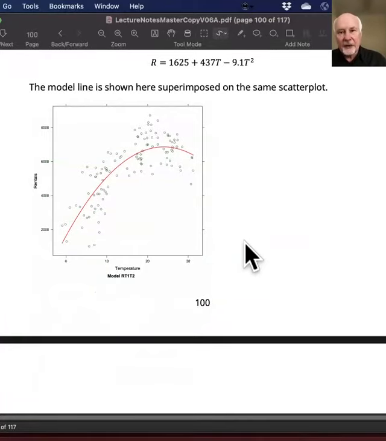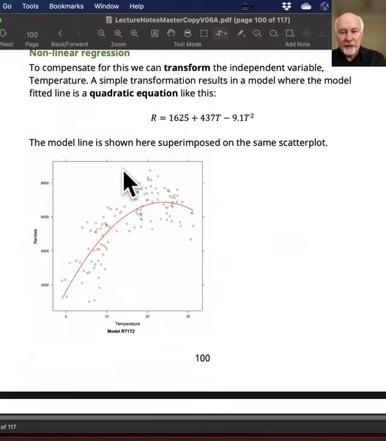But I would point out that a better fit to that data is a quadratic model. There is some curvature there. My view is that A, I should have discovered that through exploratory data analysis, and B, I shouldn't hide that fact, because in this case it's very likely meaningful.